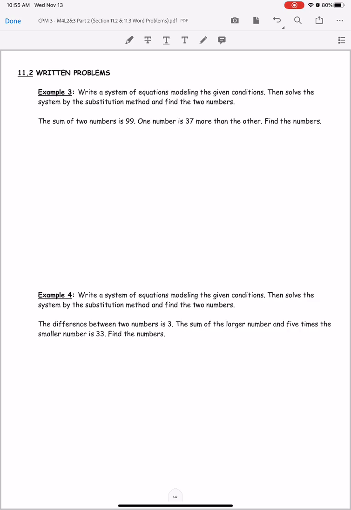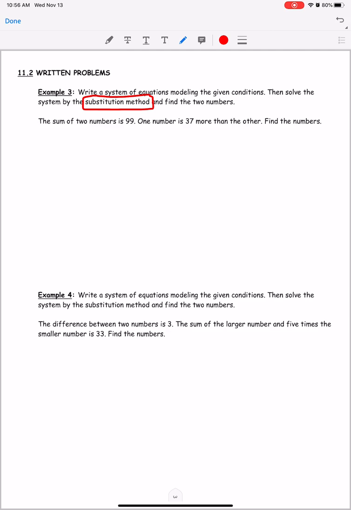Example 3 says, write a system of equations modeling the given conditions, then solve the systems by the substitution method. And then find the two numbers. So, in my first one here, the sum of two numbers is 99.